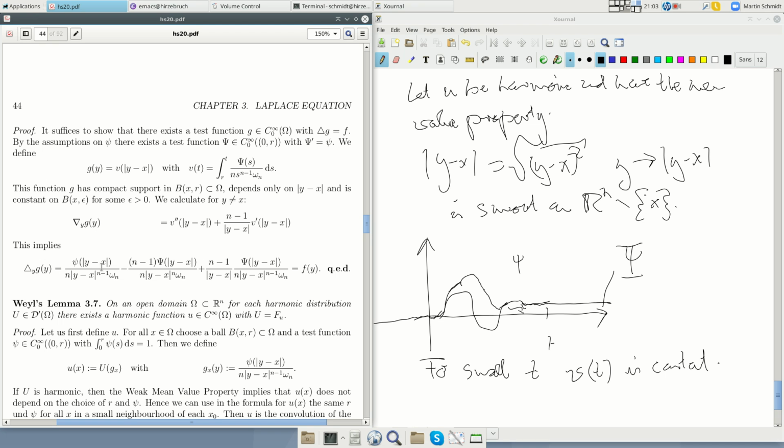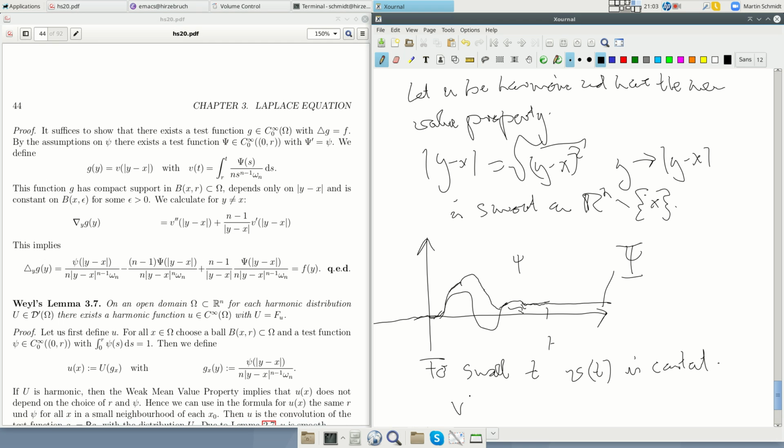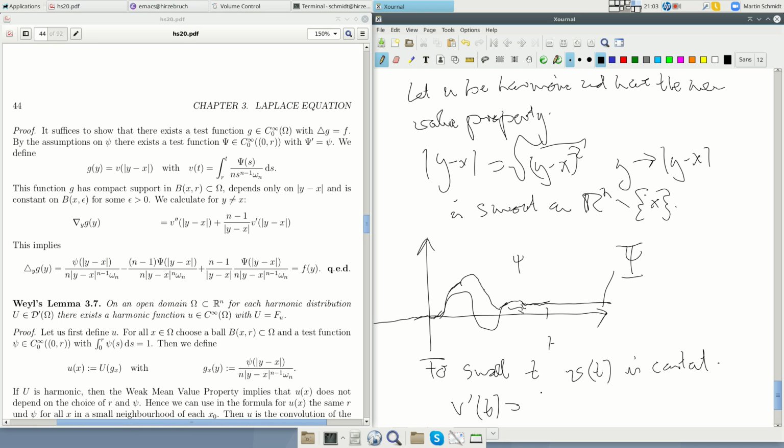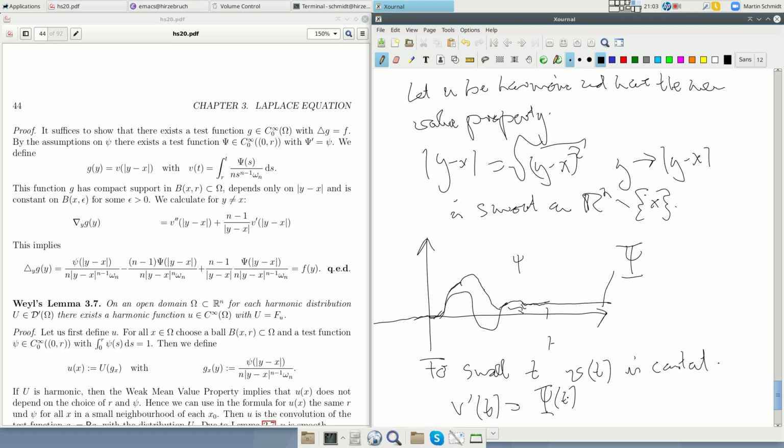Maybe I should write this: phi prime of t is equal to psi of t divided by n times t to the n minus 1 omega n.